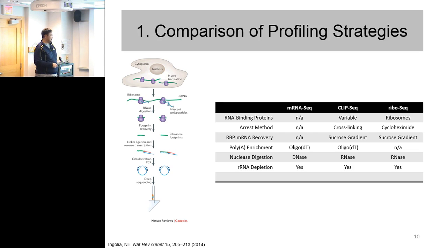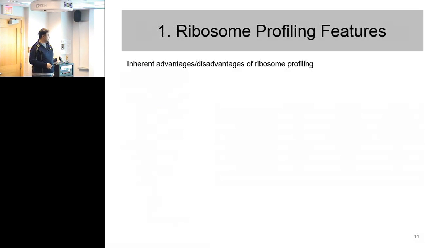In all three cases, you can do a ribosomal RNA depletion step to cut down on the contamination from those sources. And with mRNA-seq, you can obviously do single or paired end. CLIP-seq and Ribo-seq are limited to single end sequencing.